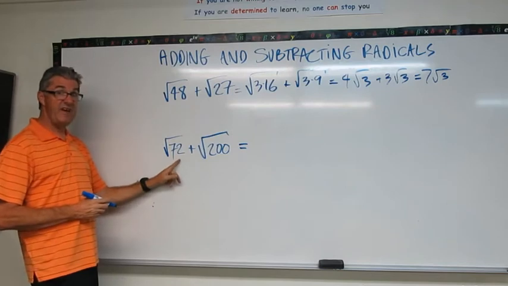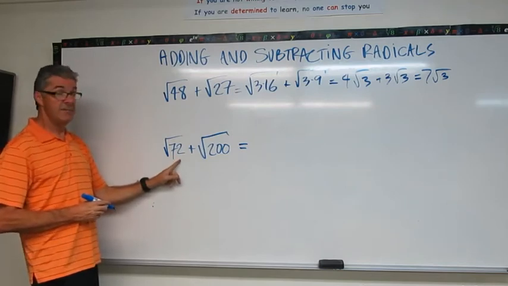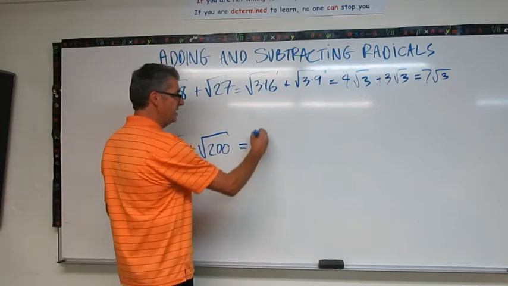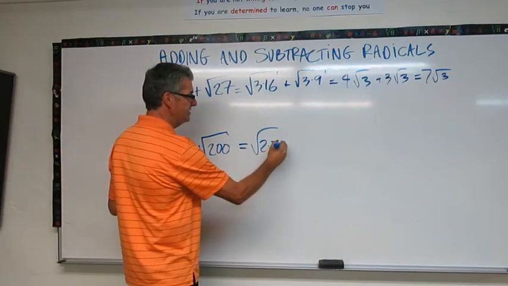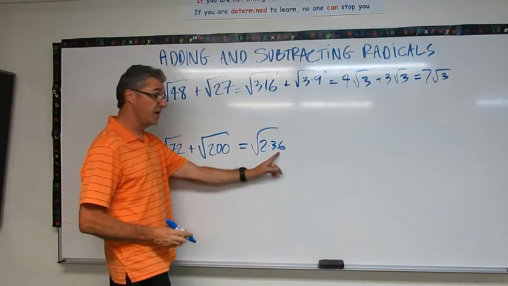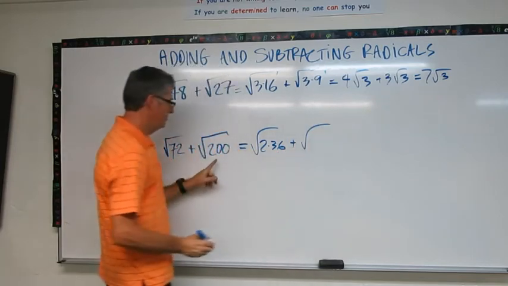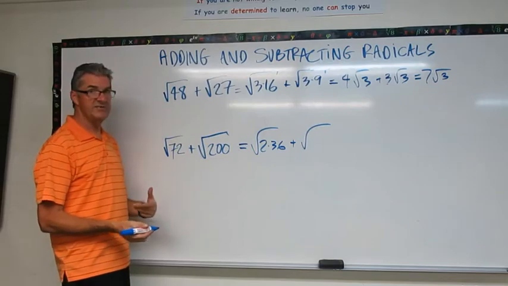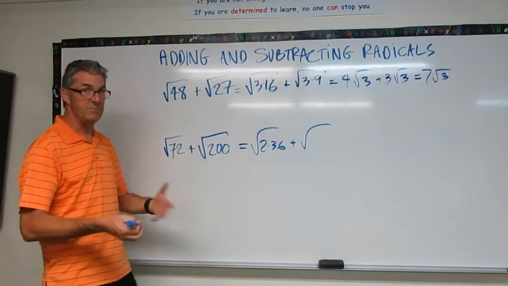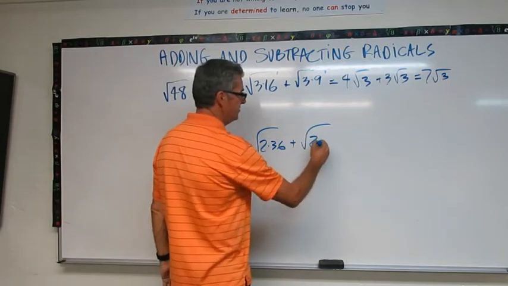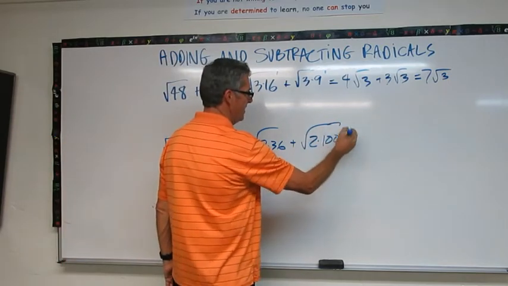Okay, let's take a look. This one has a nice factorization with perfect squares, because 2 times 36 is 72. So this is going to be root 2 times 36, and that's a nice perfect square. We're going to use that in a minute. Plus, now 200 is also a nice one because it's 2 times 100. So we just do 2 times 100 there.